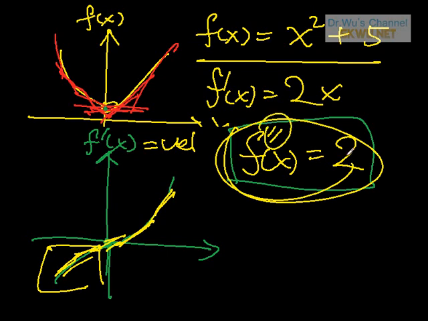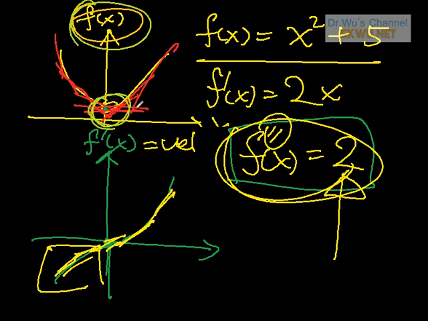So when we differentiate f of x twice, if it is equal to a positive number, that means your curve f of x in here has a local minimum at that specific turning point.